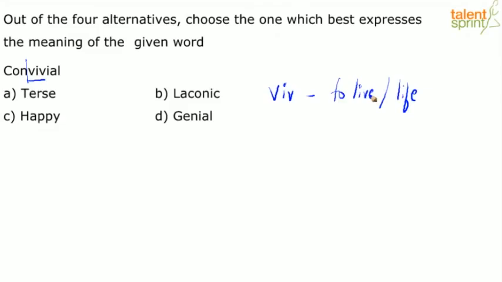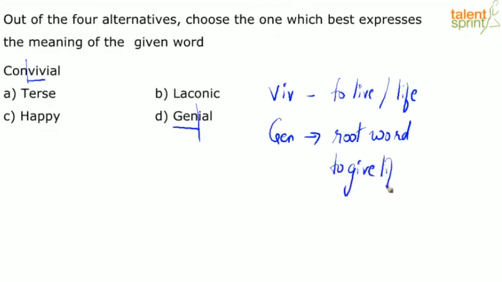However, in your options, there is another word, genial. Now, Gen is another root word. It's a Greek root word, which means to give life. Right?